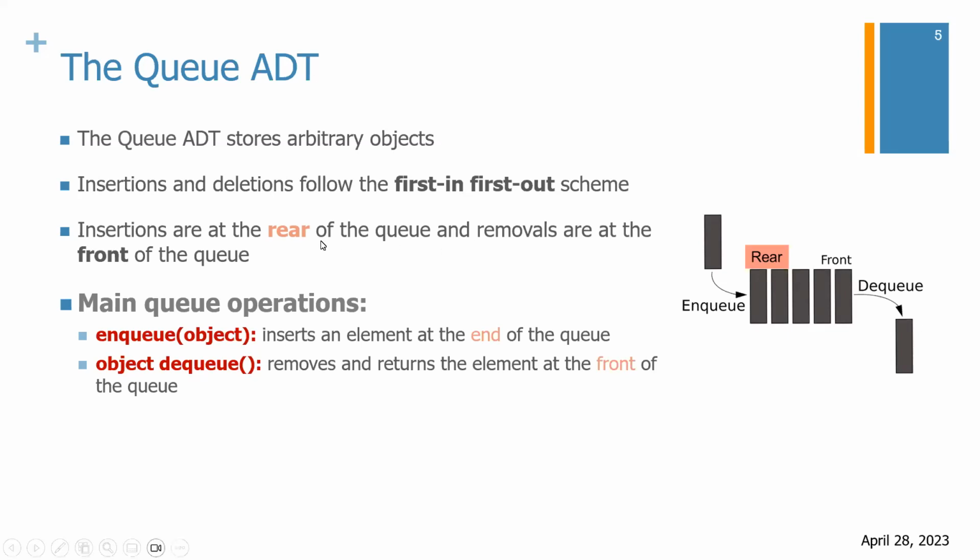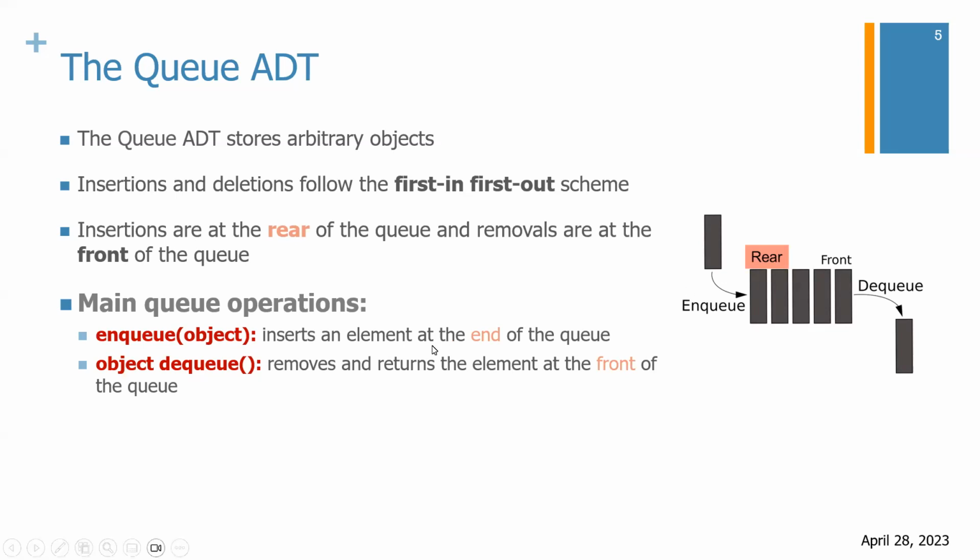A queue inserts at the rear and removes from the front. So take care where you insert and where you remove: insert at rear, remove from front.